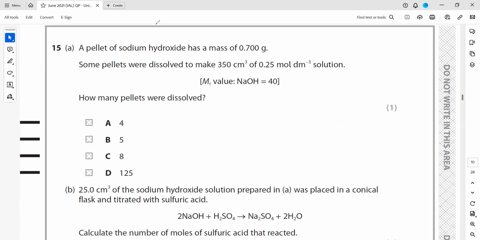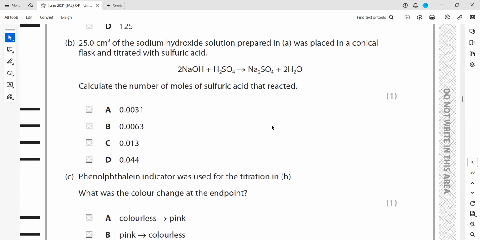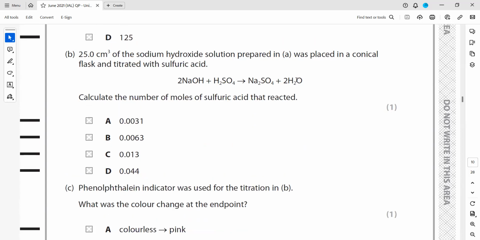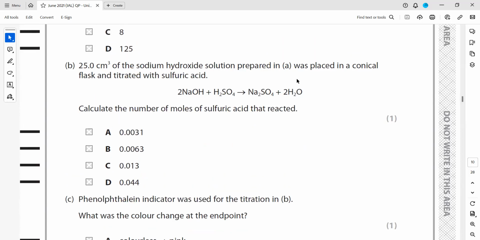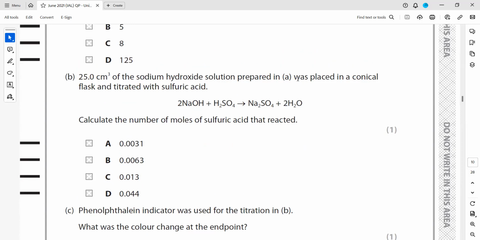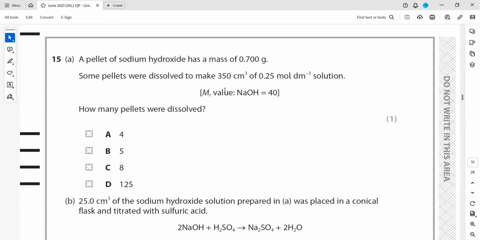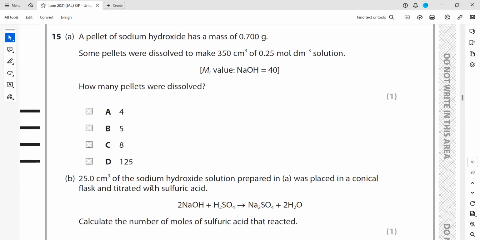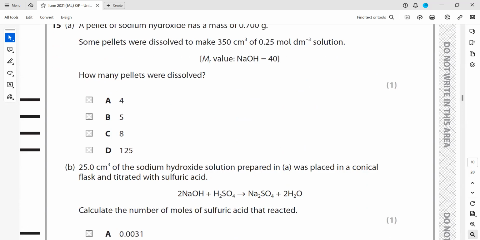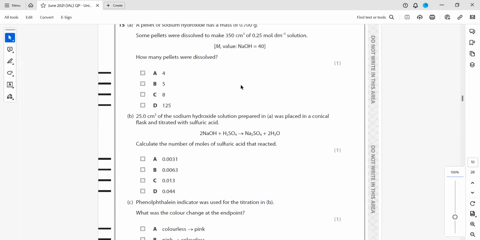Then 25 cm cube of solution of sodium hydroxide is placed in a conical flask. Calculate the number of moles of sulfuric acid. So this was 350, and 25 cm cube of solution is taken out. Out of 350, we just took 25 cm cube.